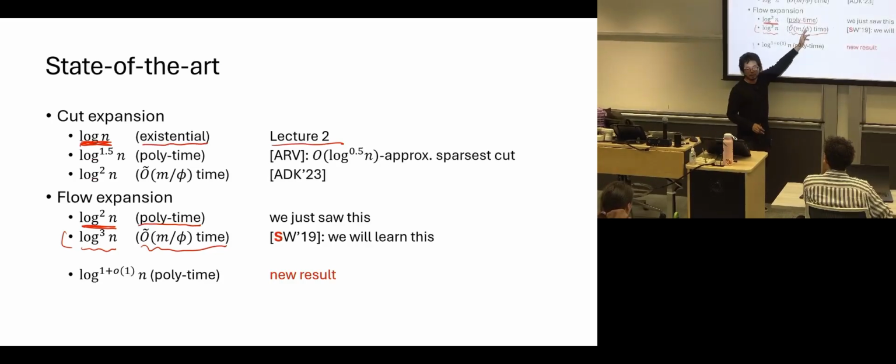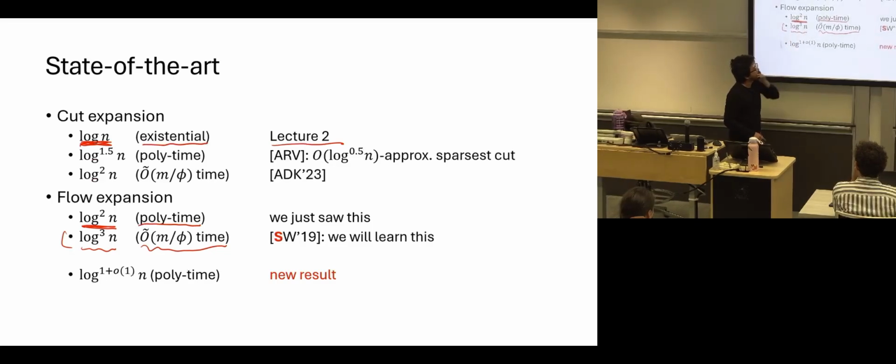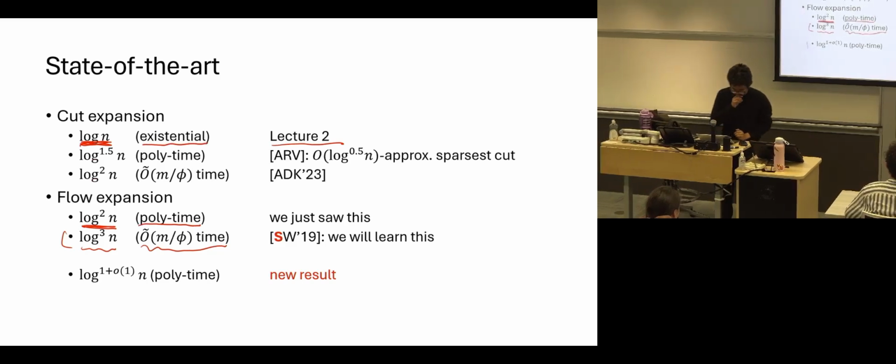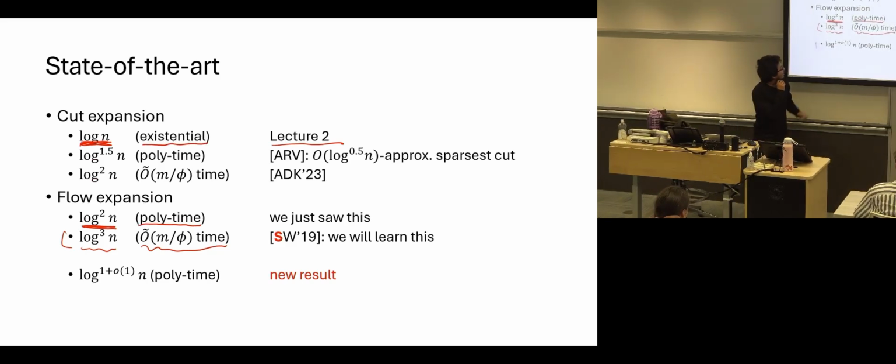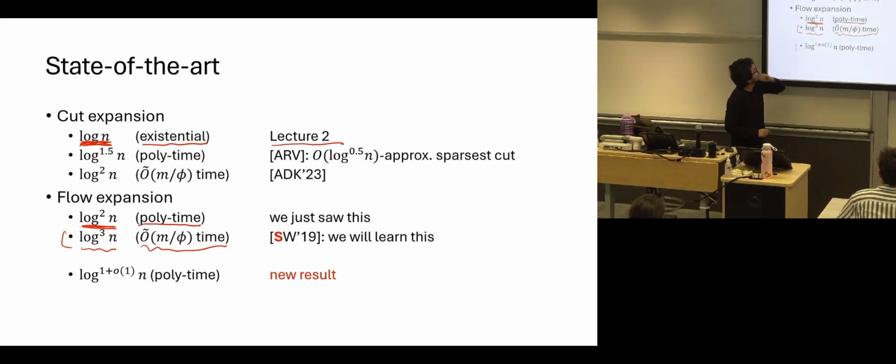So if phi is not too small, then this is nonlinear time. And this is log cube. This is an algorithm that I showed some years ago. But something that I mentioned last class, last Thursday, is that now we know how to get this.